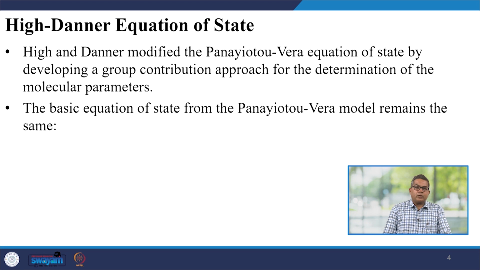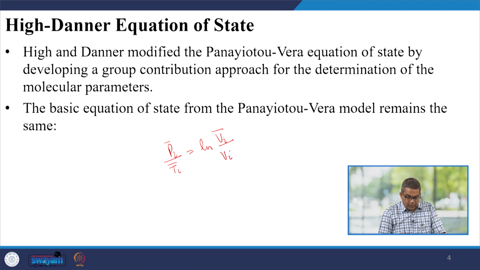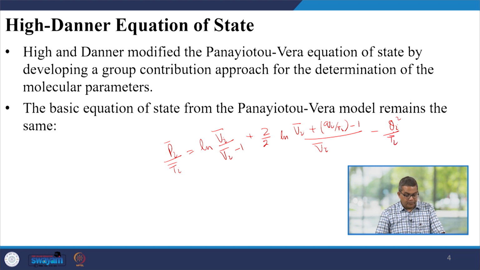The basic equation of state from the Vera model remains the same: the reduced pressure of the ith component over the reduced temperature of the ith component is equal to ln of reduced volume of ith component over reduced volume minus 1, plus Z over 2 ln of reduced volume plus Qi over Ri minus 1 over reduced volume, minus theta I over reduced temperature.